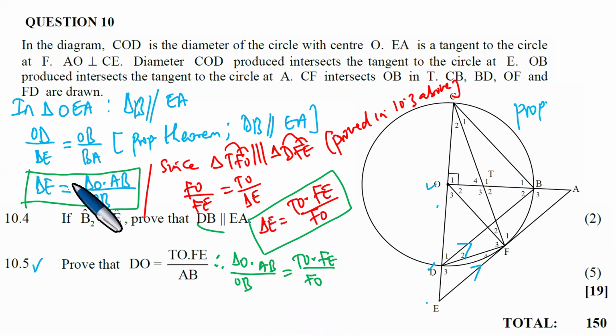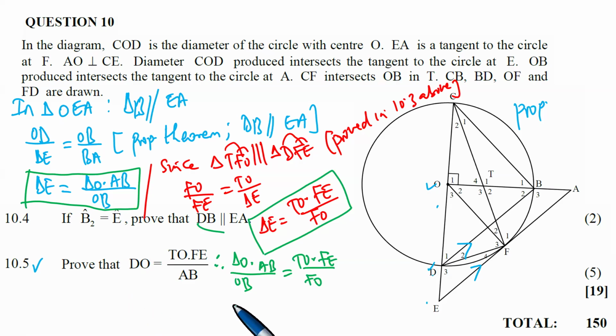Okay, so this is equal to DE and this is equal to DE. So now you can conclude that these are equal to each other. But now you need to just be in a position to manipulate this correctly and get the required result.